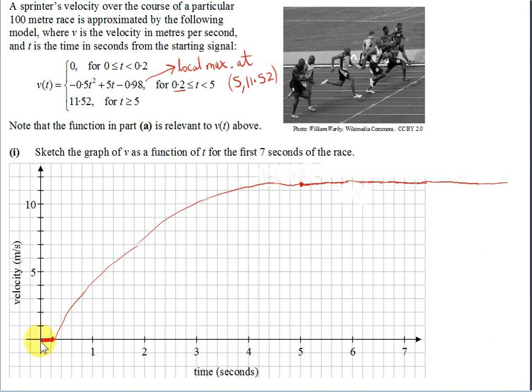So we have a horizontal line from 0 to 0.2. We have a parabola from 0.2 to 5. And then for values of t greater than or equal to 5, we have a horizontal line, because for all these values of t, v of t is a constant, namely 11.52.